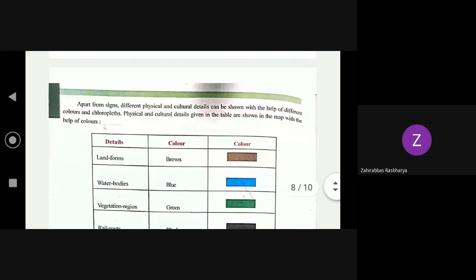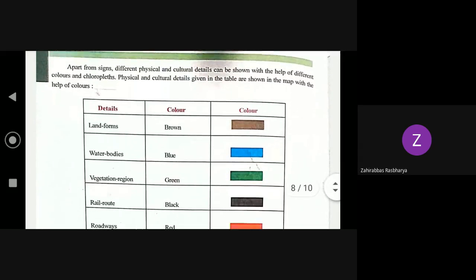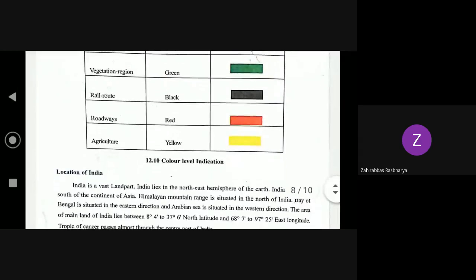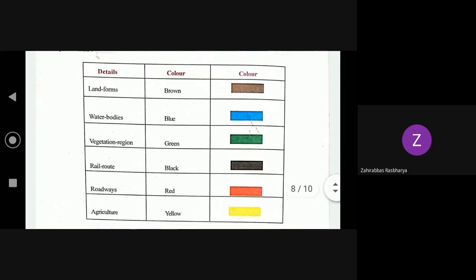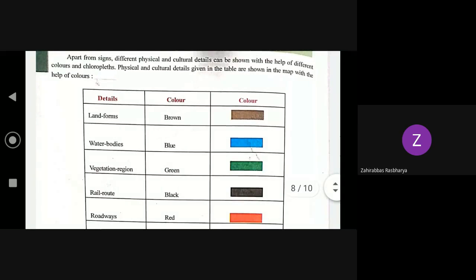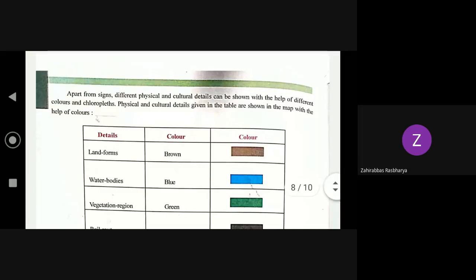Apart from these conventional signs, there are cultural details of colors also. Agriculture is yellow, roadways red, railroad black, vegetation green, water bodies blue, and landforms brown. Understood? Different colors are used to show these in the maps.